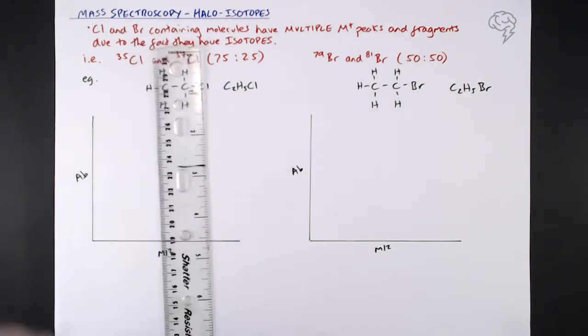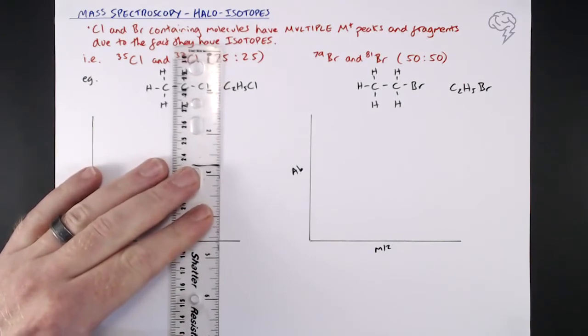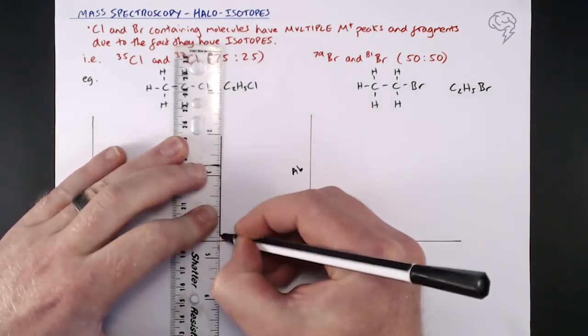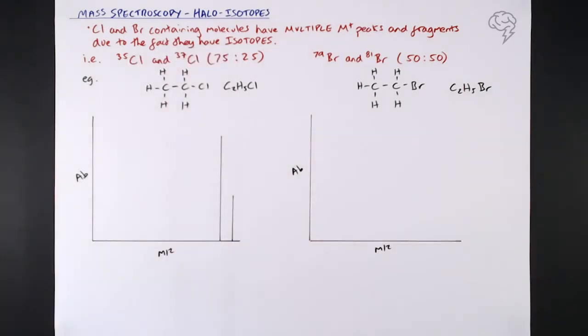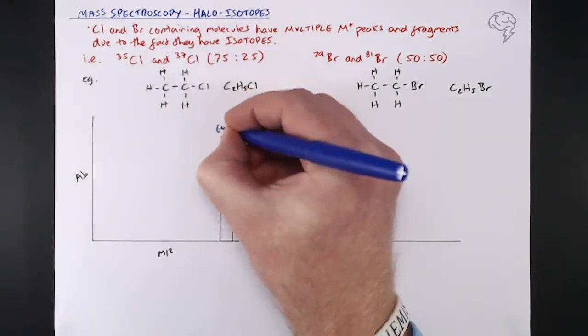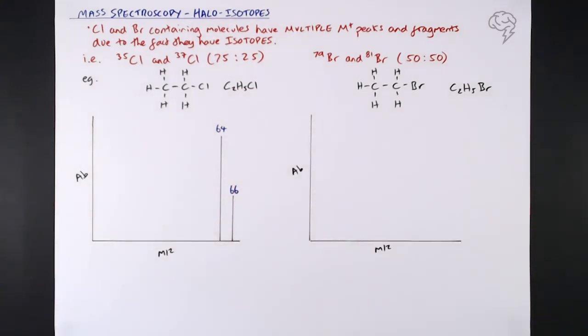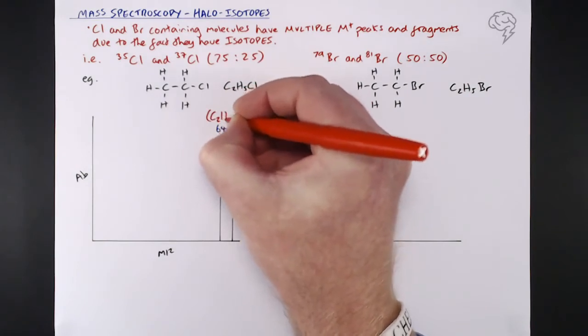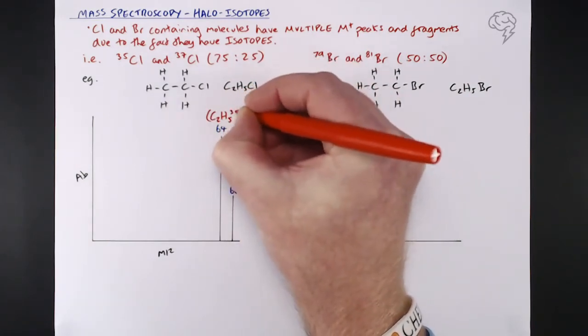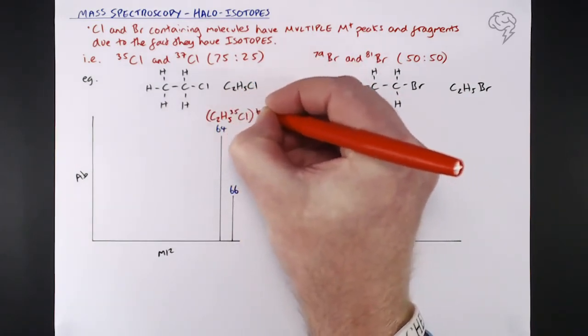Now we're going to get two molecular ion peaks here. Why? Because we've got two isotopes of chlorine. The full molecule makes it through and gives us a molecular ion peak, but we've got different values for it because one of them contains chlorine 35, the other contains chlorine 37. So specifically, what's causing those? Well, the 64 is caused by the C2H5Cl, but specifically C2H5 35Cl.